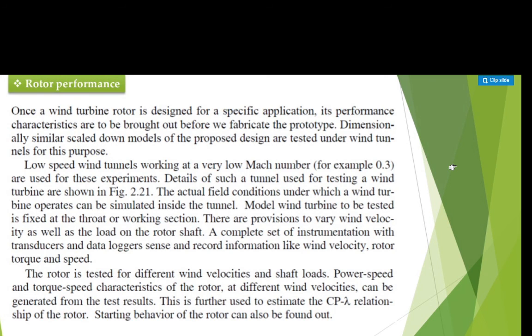The rotor is tested for different wind velocity and shaft load. The power speed and torque speed characteristics of the rotor at different wind velocities can be generated from the test results. This is further used to estimate the Cp lambda relationship of the rotor. The starting behavior of the rotor can also be found out.